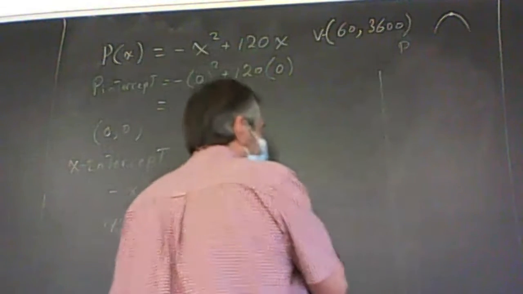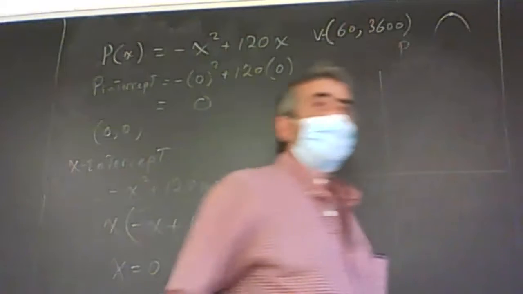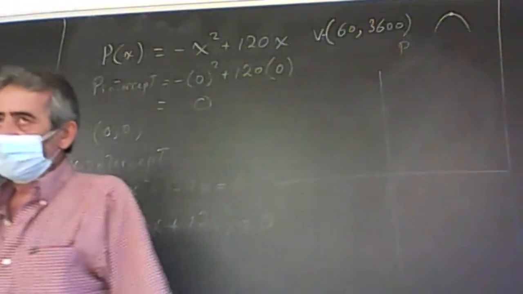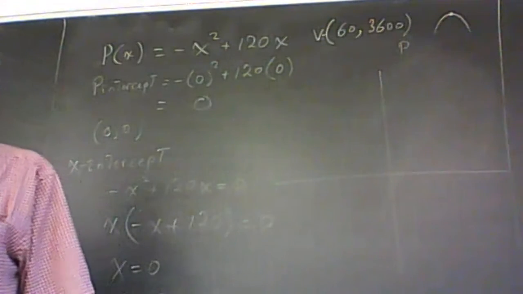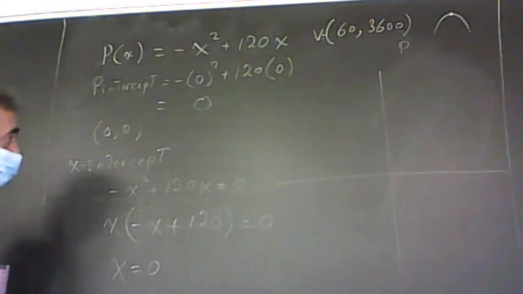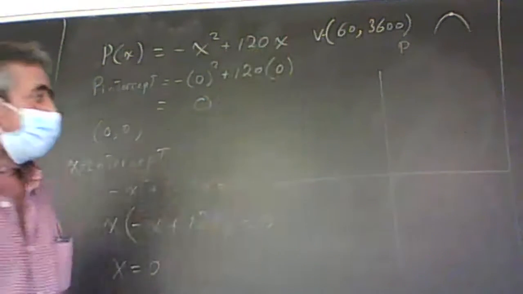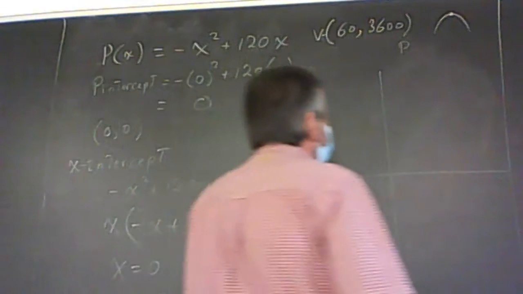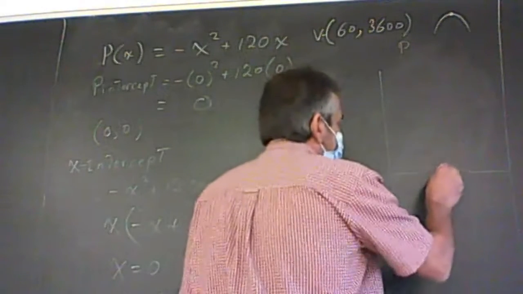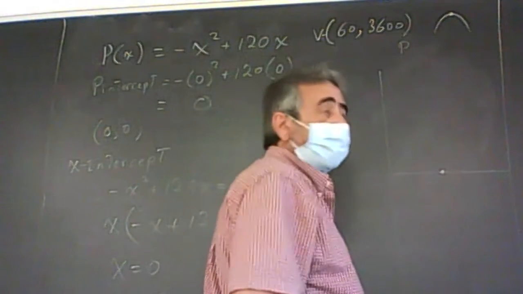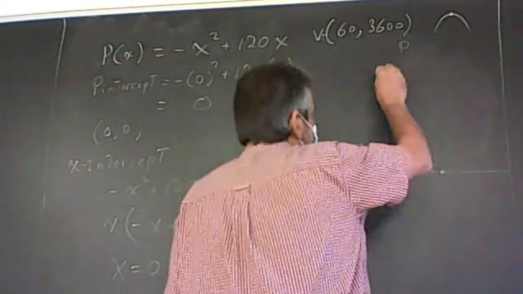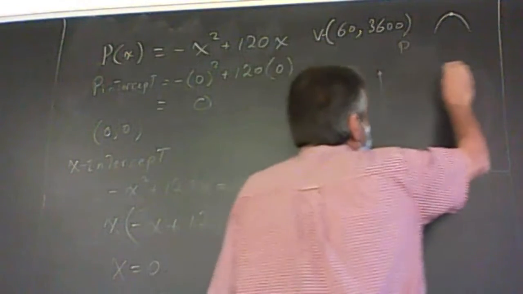Now, let's go ahead and graph the profit function. First point I want to consider is the vertex. So the vertex is 60 and 3600. Let's say 60 over here. And 3600, let's say it's over here somewhere.